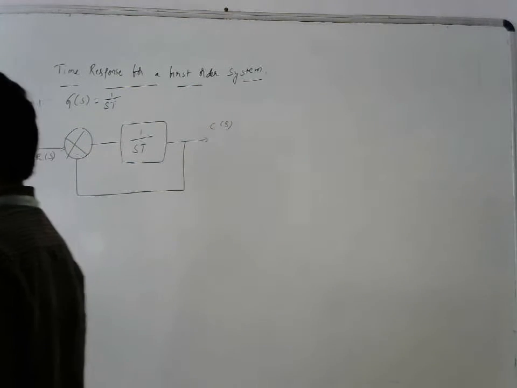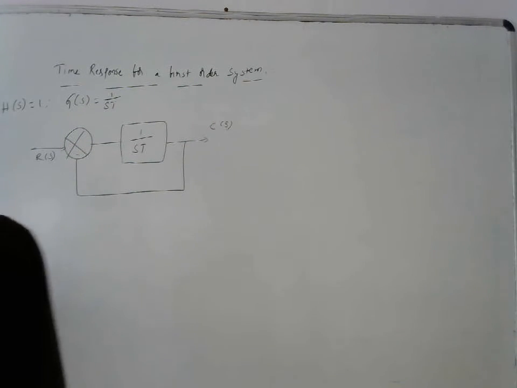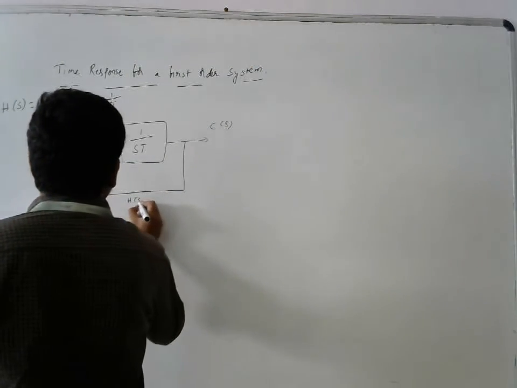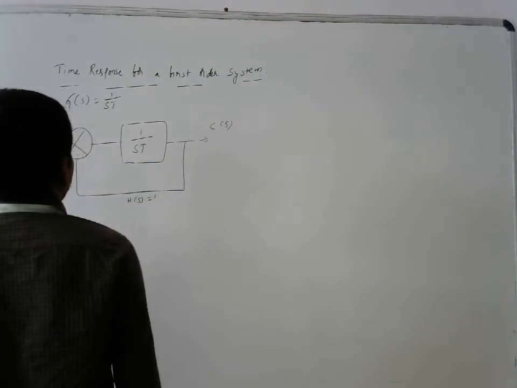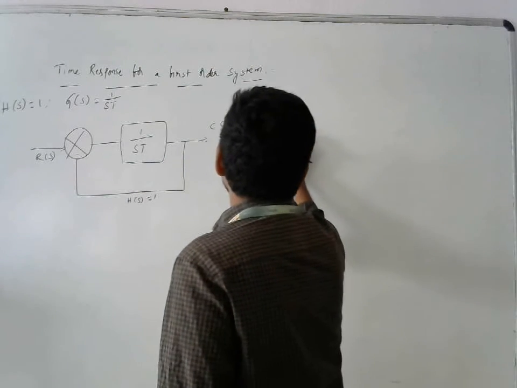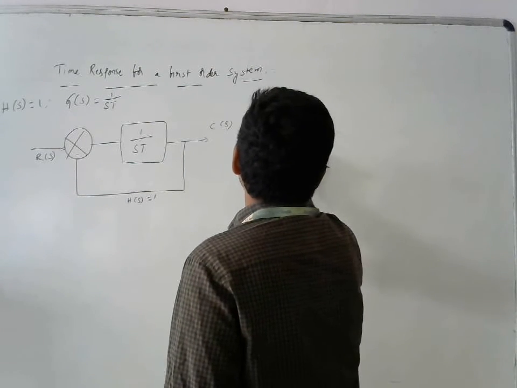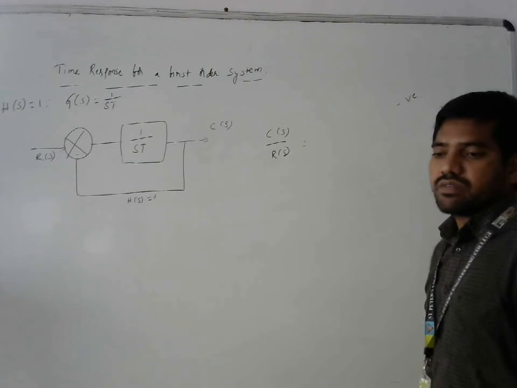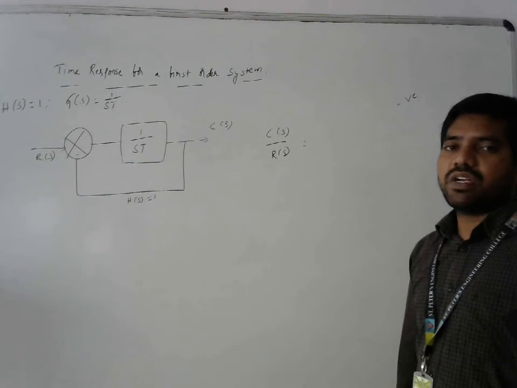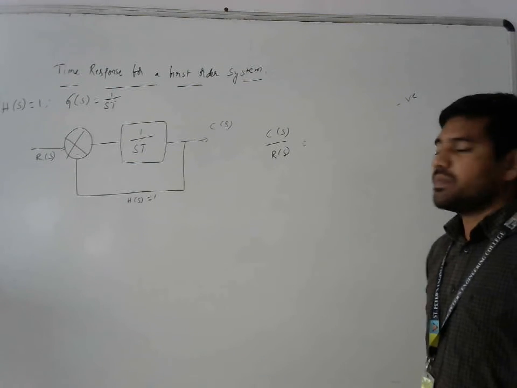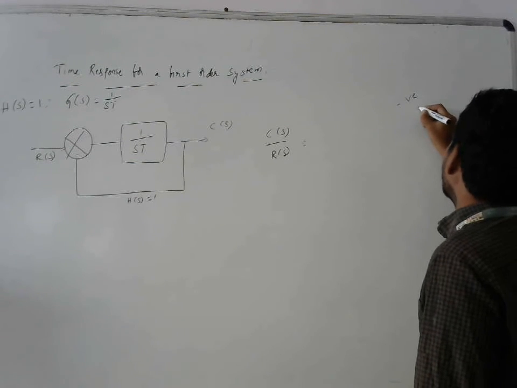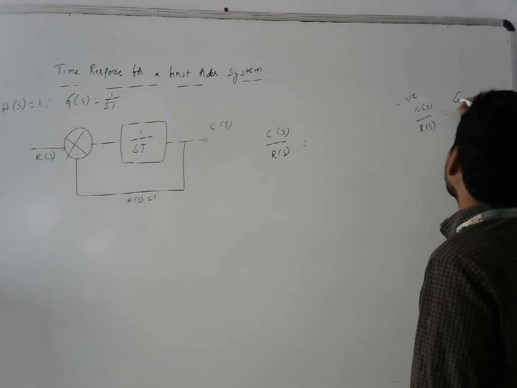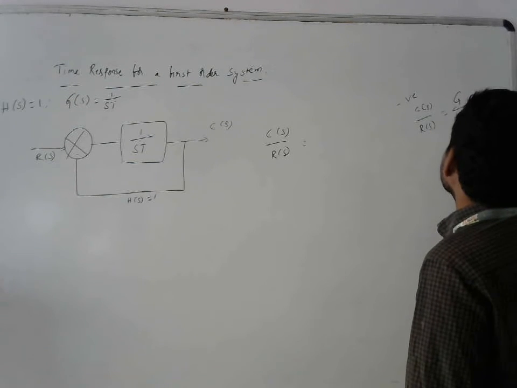Now, what is the transfer function for this? We have H of s equal to 1. C of s by R of s is equal to, what is the formula for negative feedback? In the previous lecture, we discussed that whenever we have negative feedback, the transfer function is C of s by R of s equal to G divided by 1 plus GH.